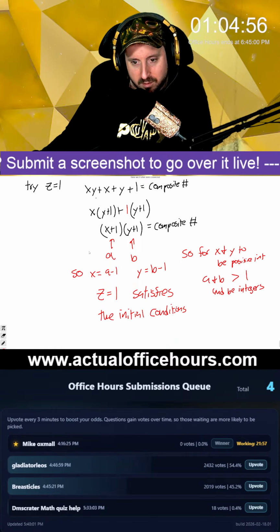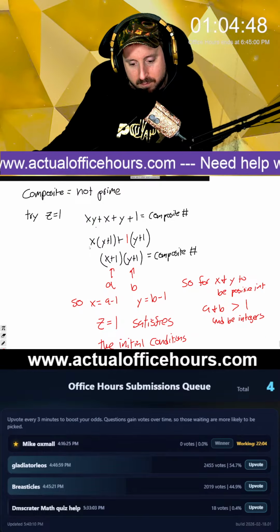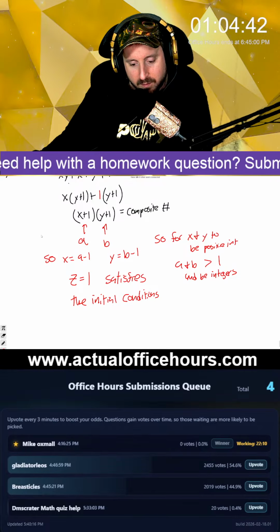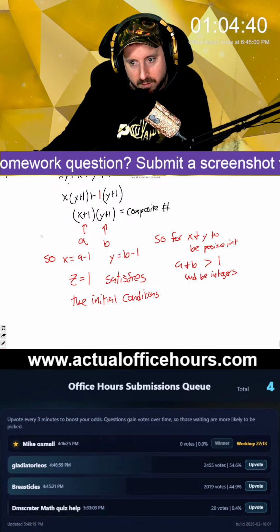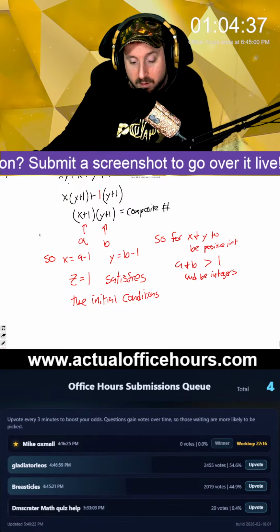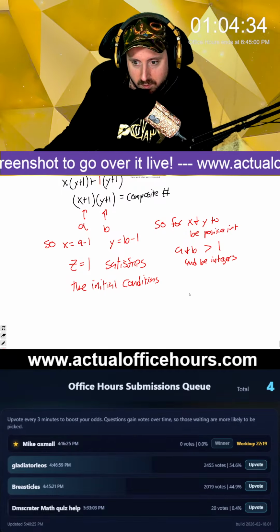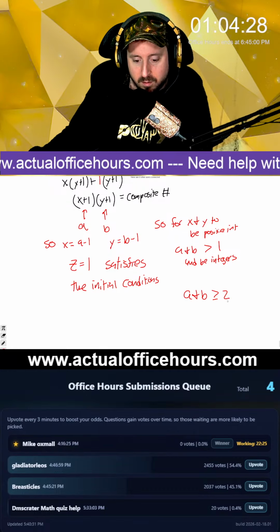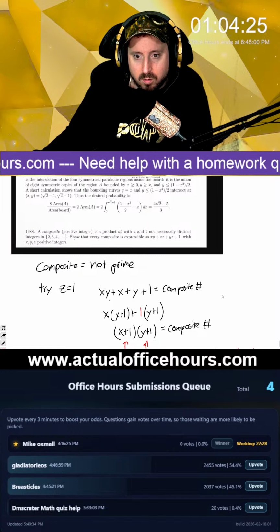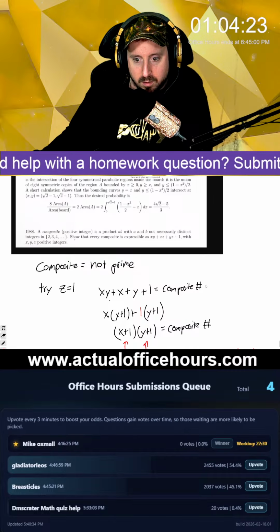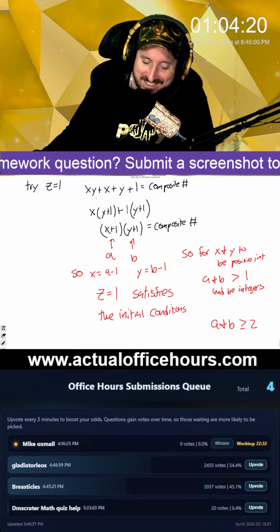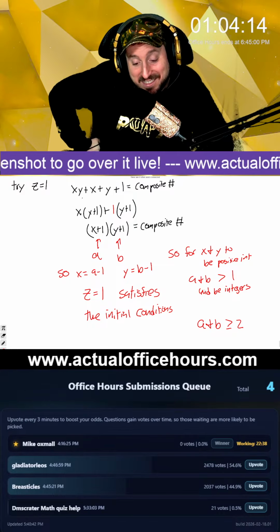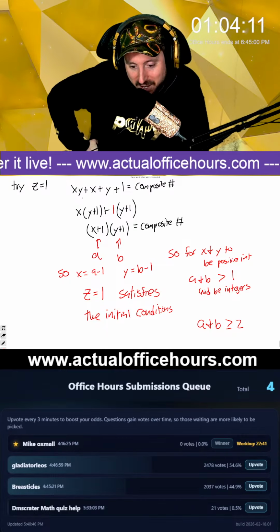We just need to explain why every composite number can be expressed this way, by underlining the fact that a and b are both greater than or equal to 2, and x and y both greater than or equal to 1. So they are positive integers as the problem requests. And that is sufficient to prove what we had to prove. For every composite integer, this happens. That's the mind-blowing part for me, and the hardest thing to wrap my head around.